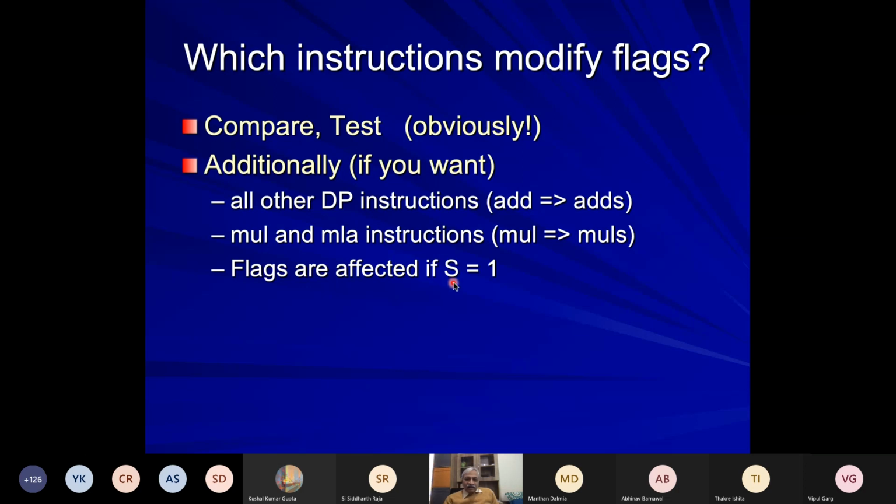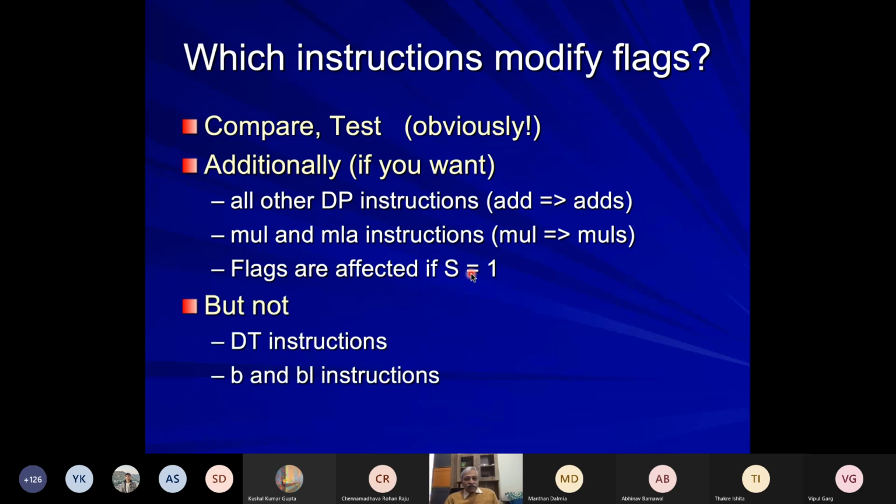And here comes the relevance of the S field, which I have been showing. There is a 1-bit S field, and I said we'll talk about it later. In terms of machine code, S equal to 1 means that this instruction is going to affect the flags. S equal to 0 means it's not. So the difference between add and add S is in terms of this bit.